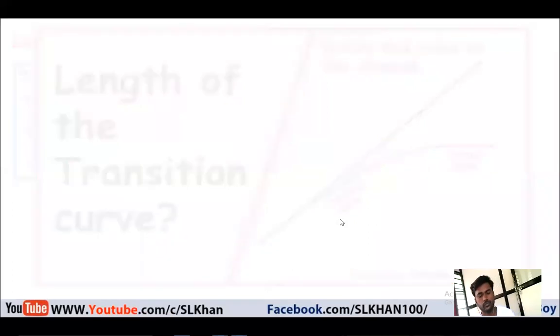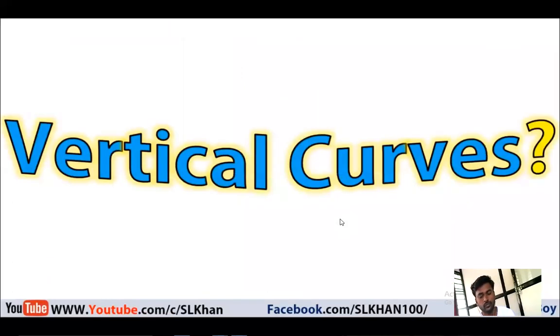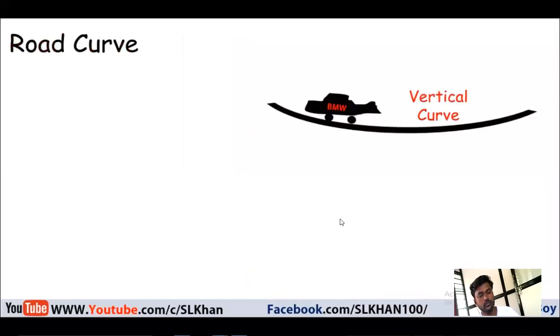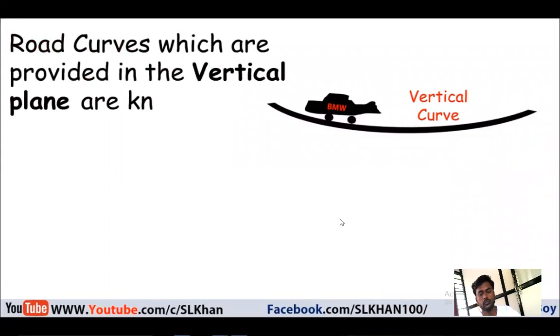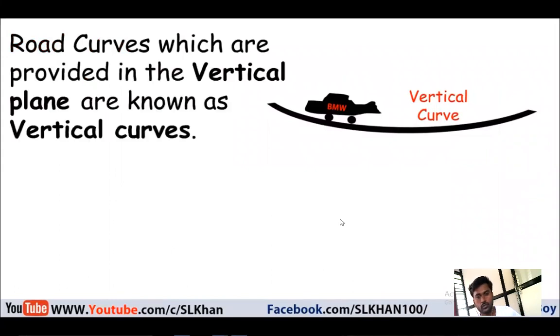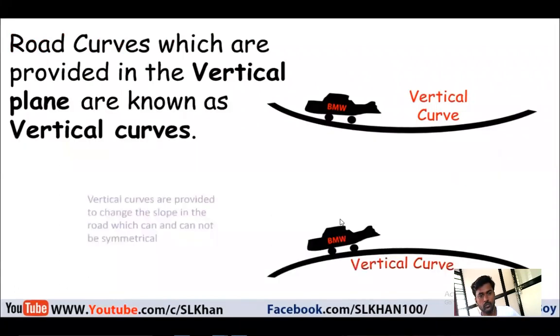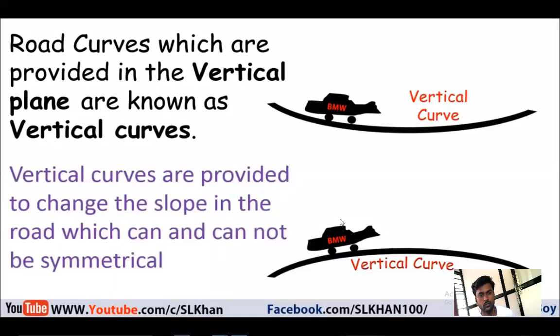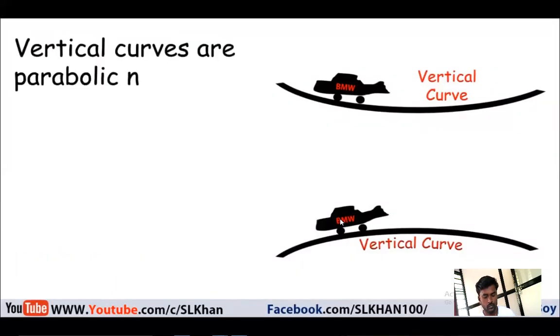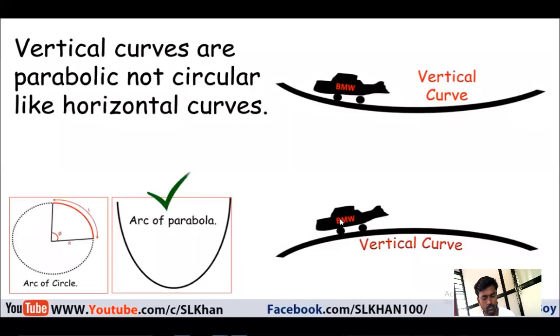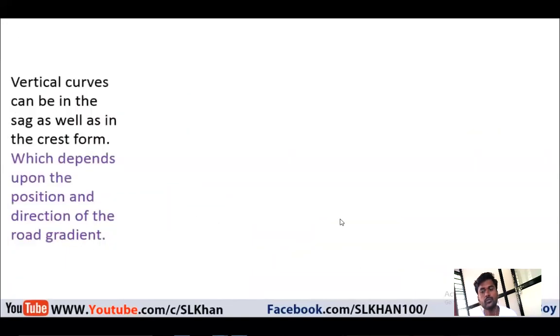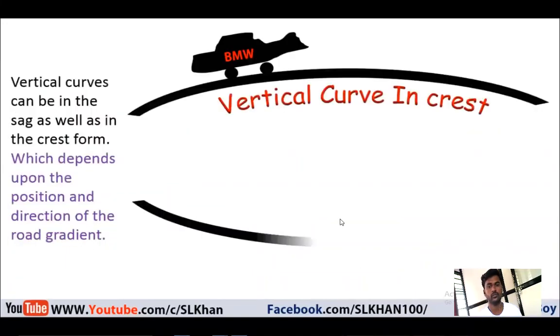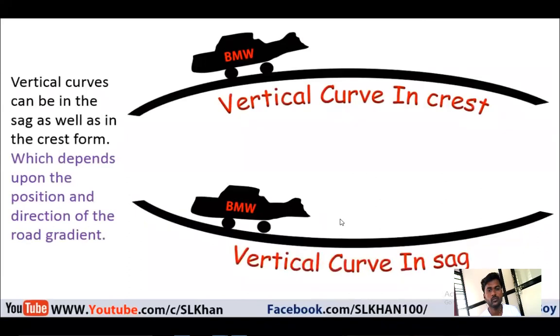And now let's talk about the vertical curves. Vertical curves are provided to change the slope in the road, which can and cannot be symmetrical. Vertical curves are parabolic, not circular like horizontal curves. Vertical curves can be in the sag as well as in the crest form, which depends upon the position and direction of the road alignment.